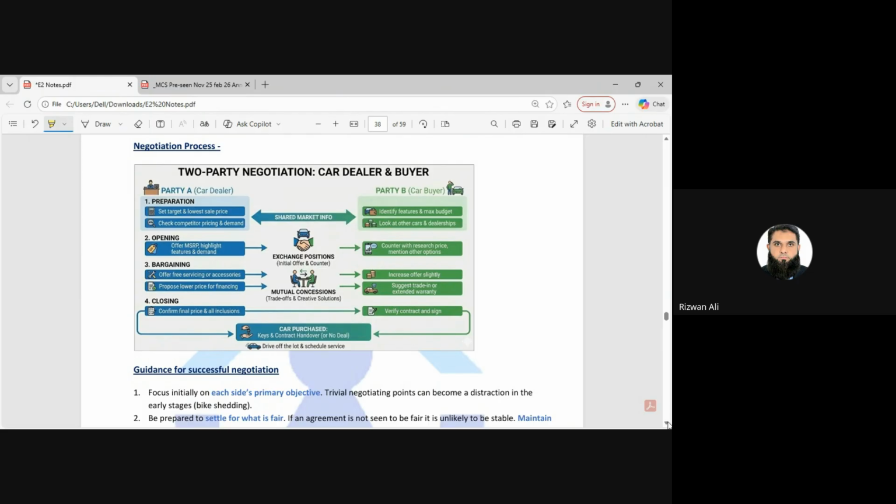Then in the specific terms, we can ask them about the payment terms, and then the delivery terms as well. So those are the negotiation points we need to consider first of all for the vendors.